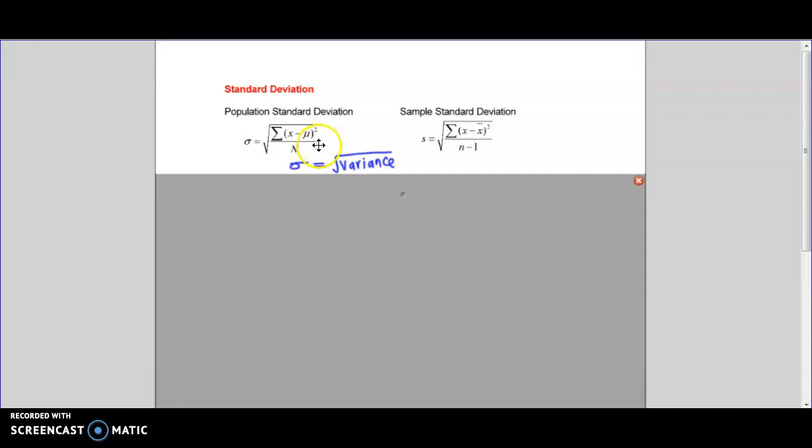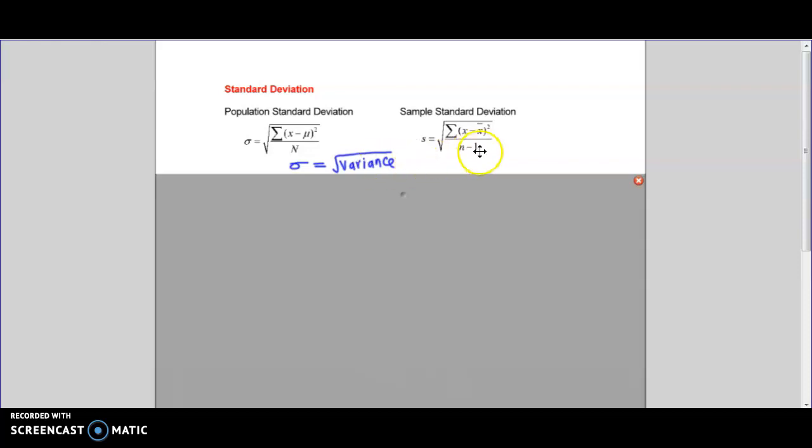Standard deviation is the same formula as the variance under the square root sign, and then you square root it. So the variance is sigma squared, whereas the standard deviation is just sigma, which equates to the square root of the variance.